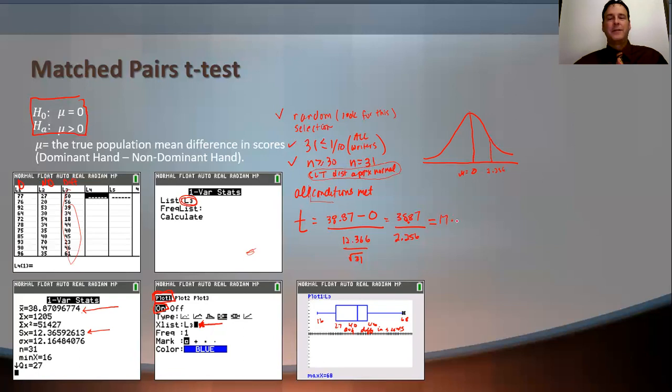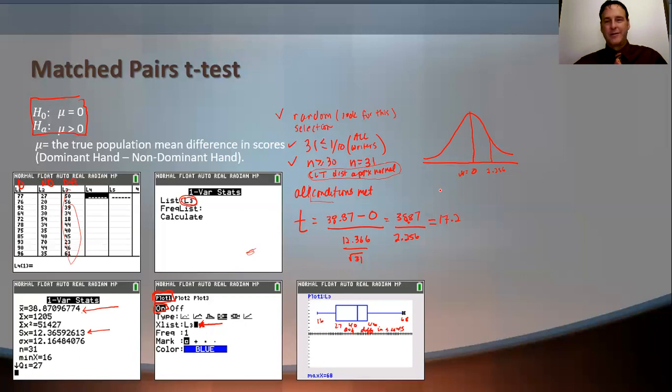Which means, assuming the null is true, I'm describing and interpreting a p, or actually I'm interpreting our x bar. Assuming that our null is true, our t value of 17.2 says that our x bar is 17.2 standard deviations above the mean. So that is our description of t for 17.2.